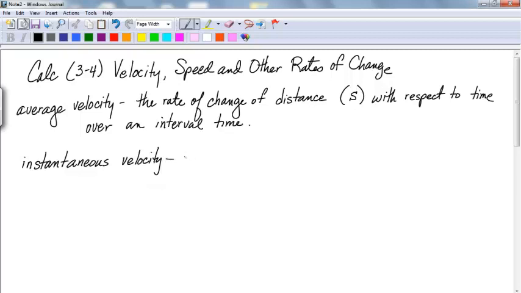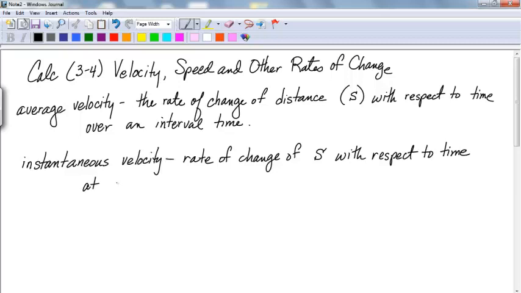Okay, so it is the rate of change of S with respect to time at a specific time. At that instant, how fast were you going?